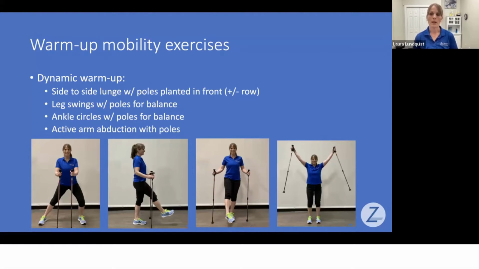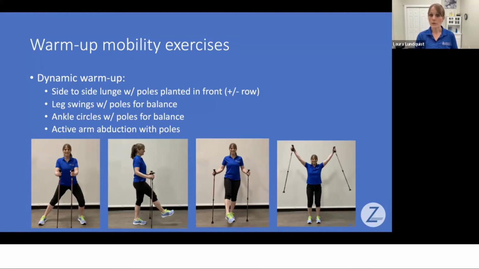That might well help people stay in a bit more of an upright position, maintain better posture, get more out of that dynamic stretch. Leg swings, again, rather than having to hold on to something like a park bench or the side of a building, if you've got hold of your poles, you've got that moderate stability. So you're still challenging that stabilizing system to do some work, but you're not doing it completely unsupported. So holding the poles side to side, and then that leg swing can be front to back.